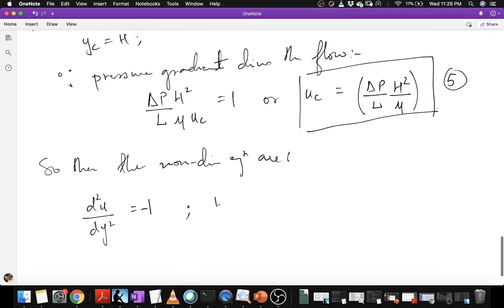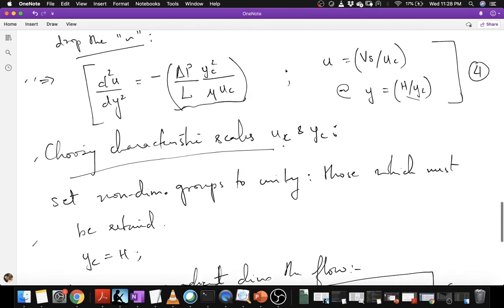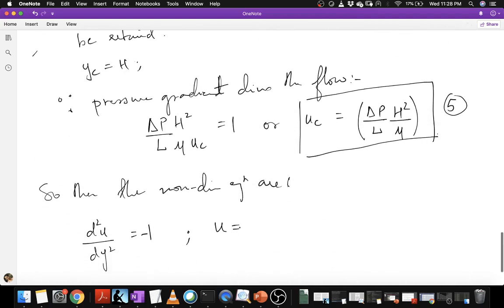And the boundary conditions are, now U was Vs by uc. So U is Vs by uc, which means it's multiplied by length times viscosity upon delta P times the height of the channel squared, at, of course, y is equal to 0 comma 1.